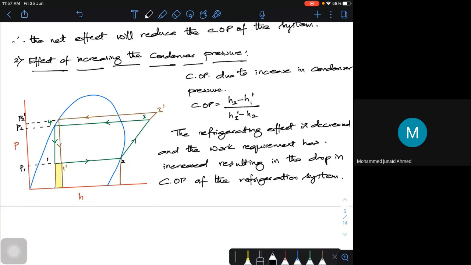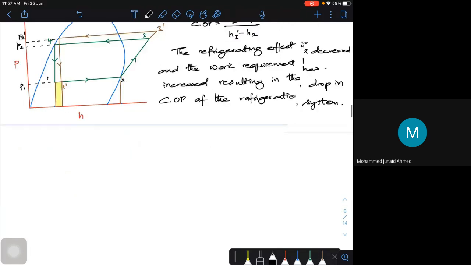Now, two more things are there. One is, what will happen if I have the effect of superheating? Okay, effect of superheating the fluid in your evaporator. The third point, effect of superheating.